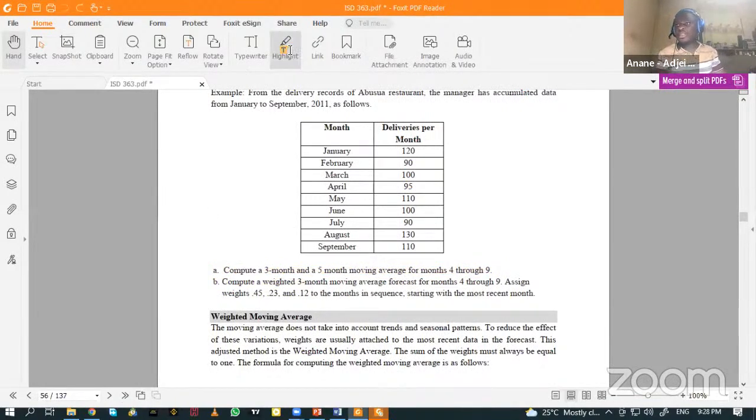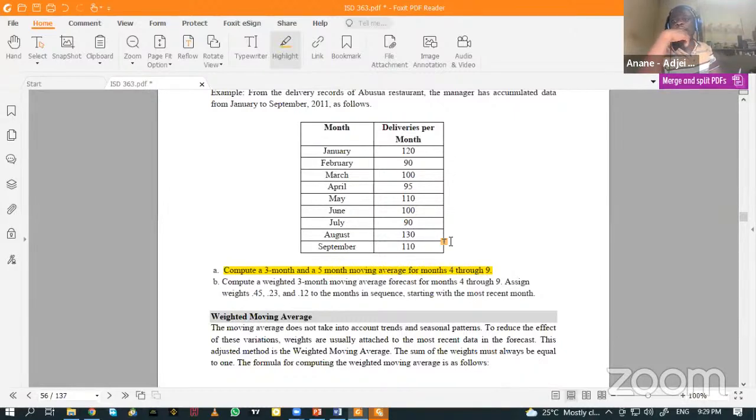Compute a 3 months and a 5 month moving average for the month 4 through to 9.